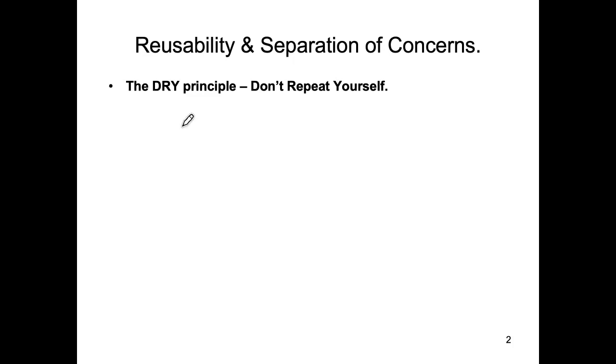So the DRY principle, reusability, separation of concerns, single responsibility, that's another term that we use. They're all interrelated, and they're all concerned with trying to improve the internal design of our application. And equally, that was the concern of these various design patterns documented by the authors of that book that I was mentioning.